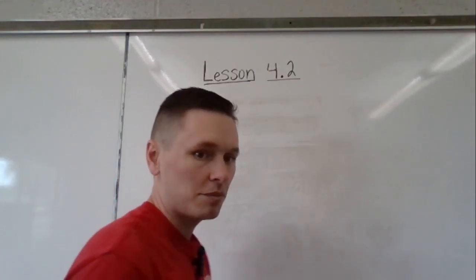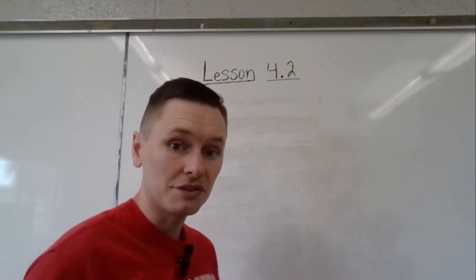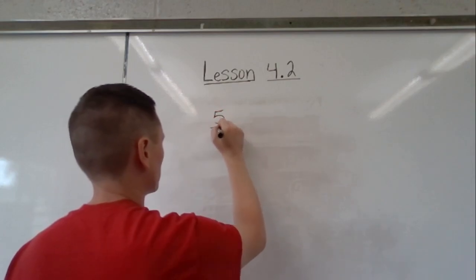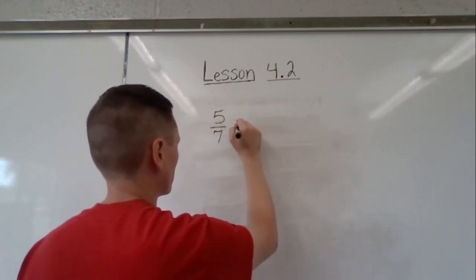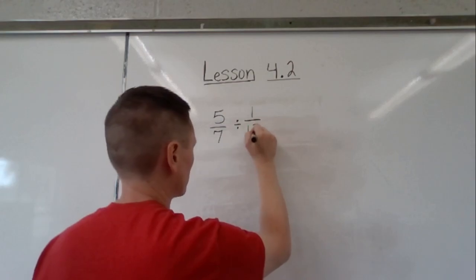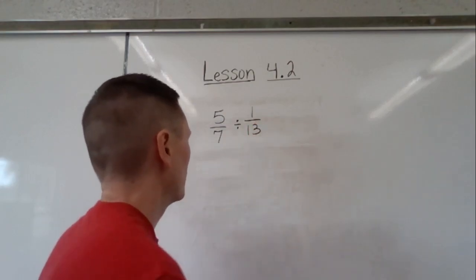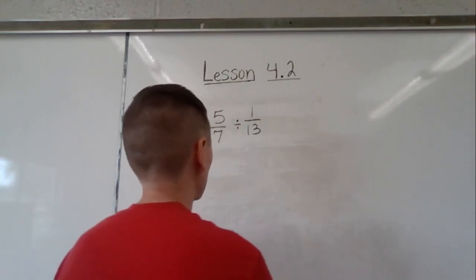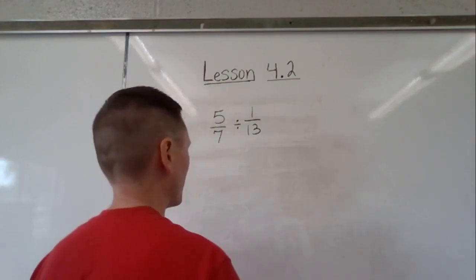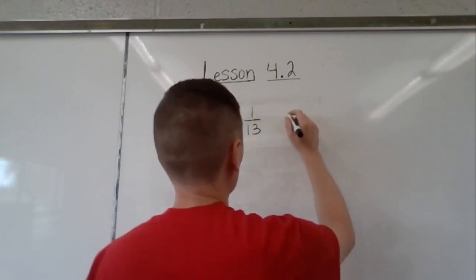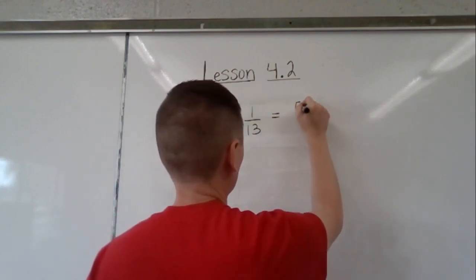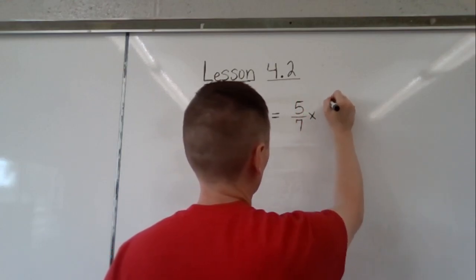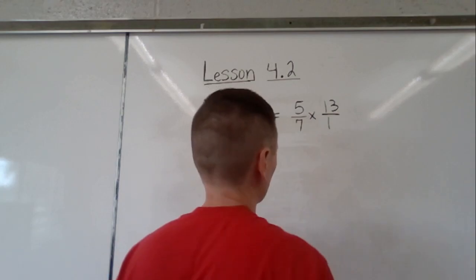All right, for this example, it's a little harder. It's 5/7 divided by 1/13. Okay, so we have to find the reciprocal. So when I find the reciprocal of 1/13, I know that it would be 13. So I rewrite it as 5/7 times 13 over 1.